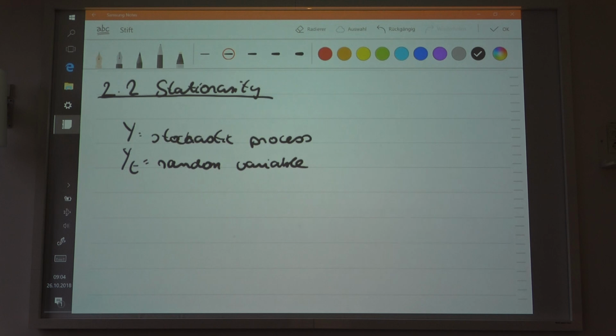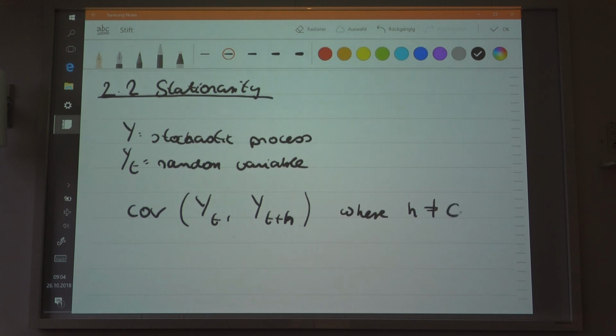What you can do, as you have seen, is consider, for instance, the covariance of the random variable Y_t and the random variable Y_{t+h}, where h is a certain number. So you have the covariance of a random variable at a certain point of time and another random variable at another point of time, where of course h is not equal to 0.